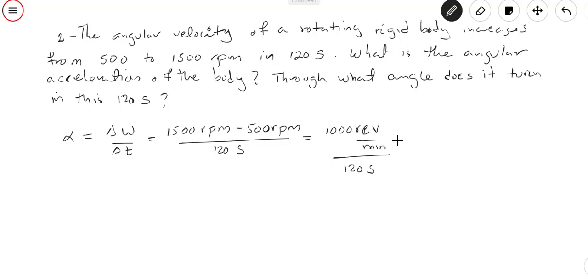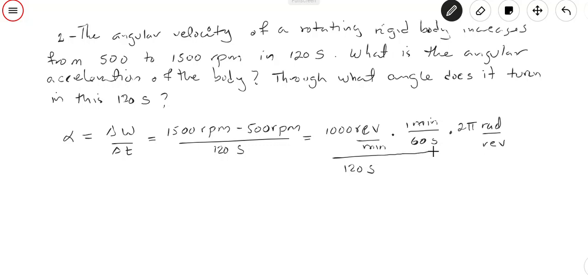Now, I will convert these revolutions per minute into radians per second. So I'm going to say that these 1000 revolutions per minute times 1 minute that has 60 seconds. Here I'm converting minutes into seconds, times 2 pi radians that I have in each revolution, right?